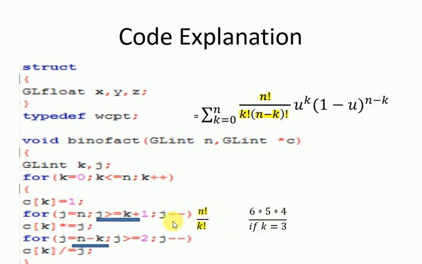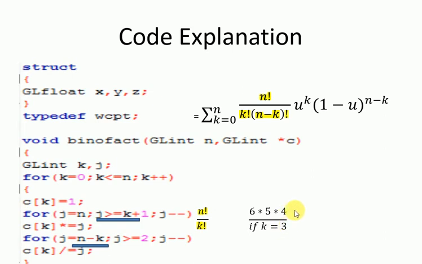Because here we are saying k plus 1. So when we say k plus 1, we don't need to take k factorial. It is like this: if it is 6, then we are multiplying 6, 5 and 4. 3 and 2 are not taken, because if k is equal to 3, then it is 6, 5 and 4.